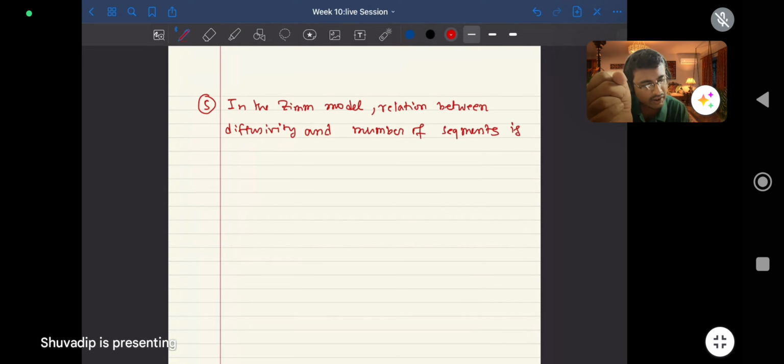So in this case, the relation correctly comes out to be D Zimm is given by 1 by N to the power nu, which is indeed the correct relation.